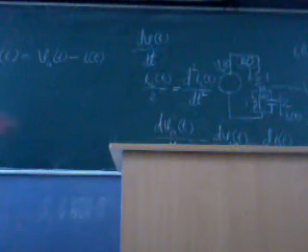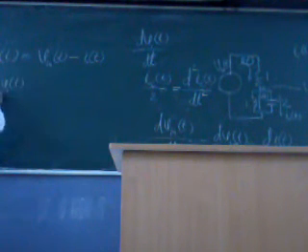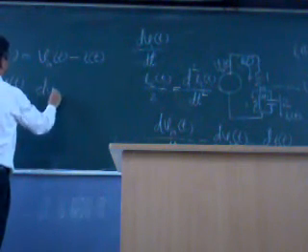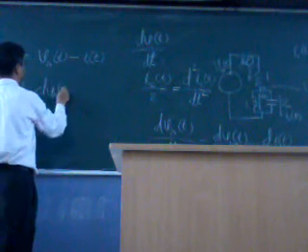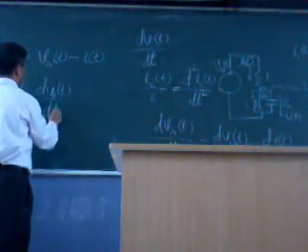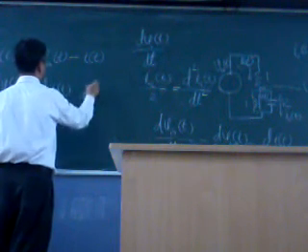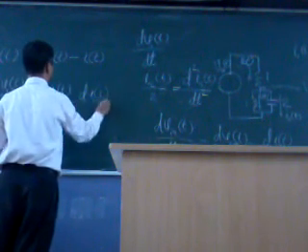Then we may differentiate this. So dV1(t) upon dt is equal to dV_in(t) upon dt minus dI(t) upon dt.